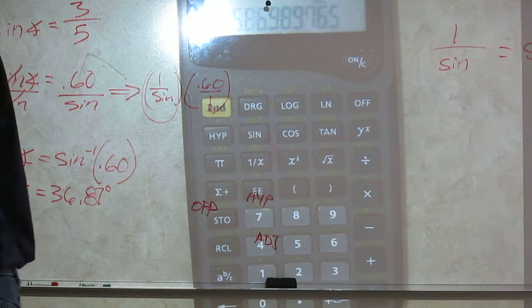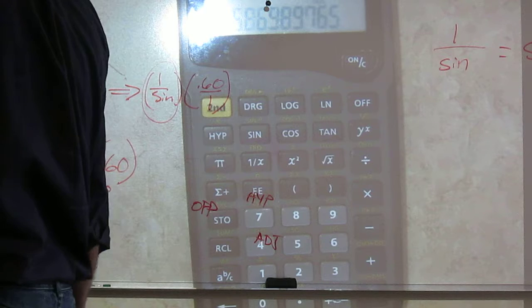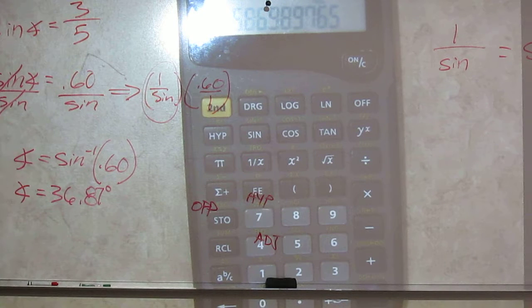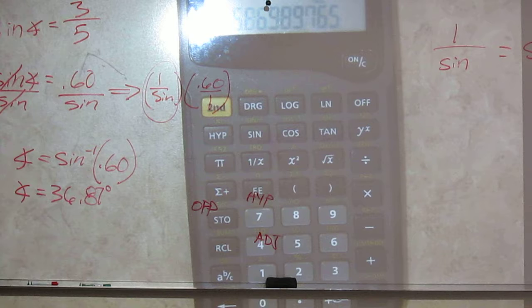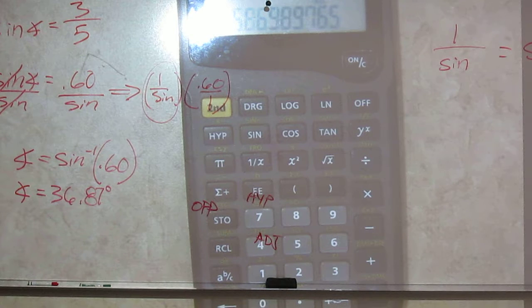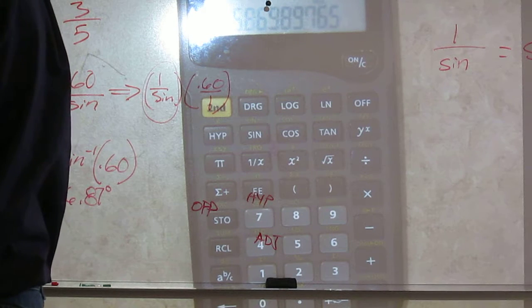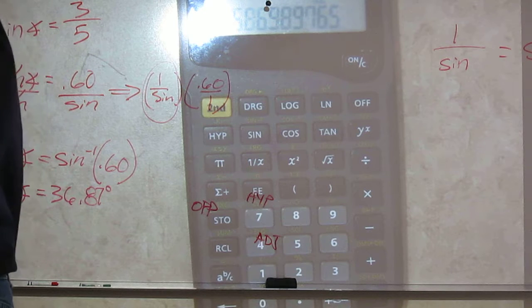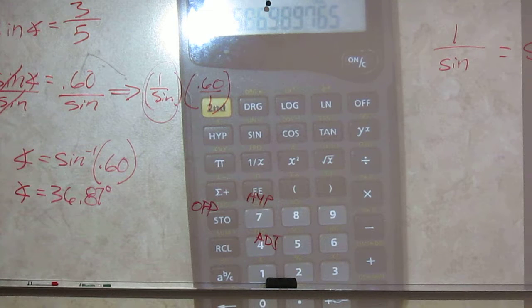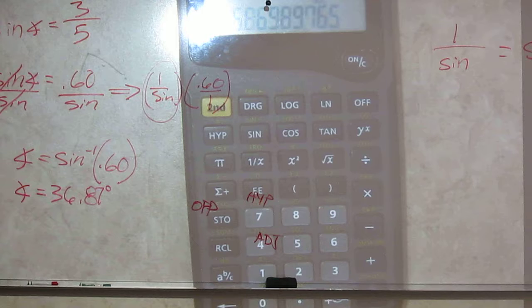Okay, you're in degrees. That is just a little button, so yours will work the same as mine. You have to do arc sine first. Sine of 0.6. 36.87. Okay, you're good.